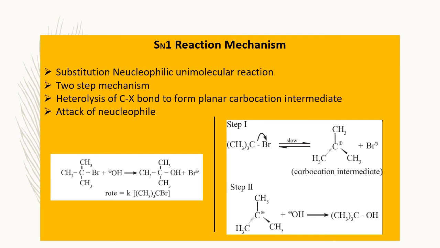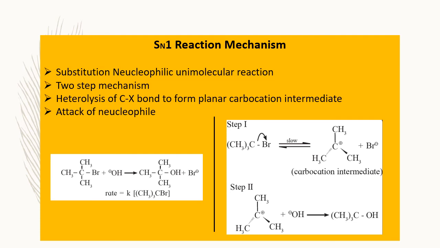Tertiary butyl bromide reacts with hydroxide by a two-step mechanism. In the first step, that is the slow step, the C-X bond in the substrate undergoes heterolysis, that means uneven breaking, and in the next step, that is the fast step, is the attack of nucleophile. Nucleophile uses its electron pair to form a new bond with the carbon undergoing change.